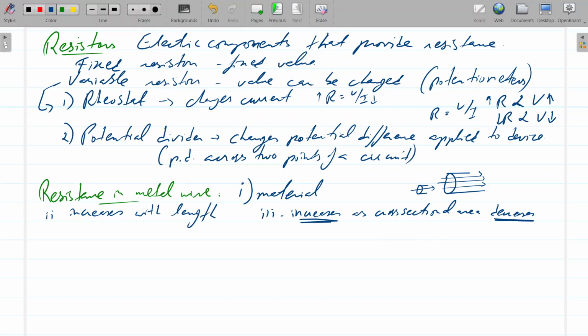But the thicker one would have more resistance, no? No, it doesn't. I think it will take us a moment to wrap our head around that. So this is called resistivity.